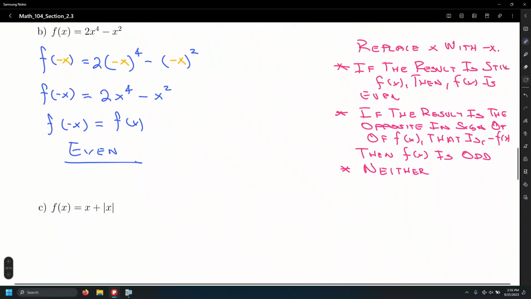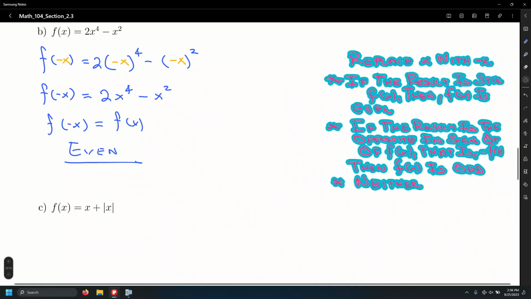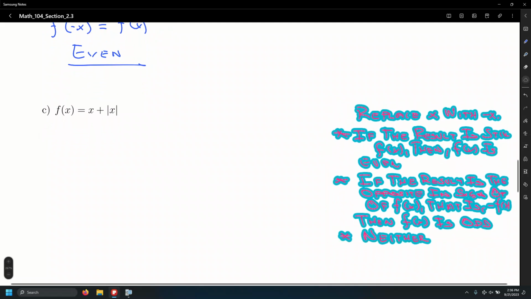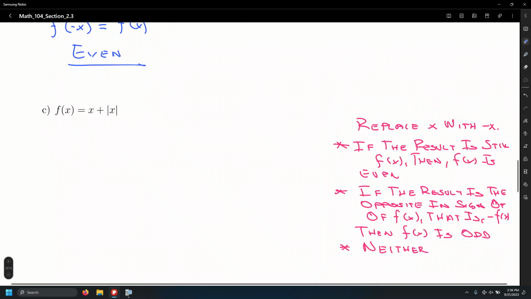Let's have a look at letter C. Having a look at letter C, what do we get? F of negative x. Let's do negative x plus the absolute value of negative x.